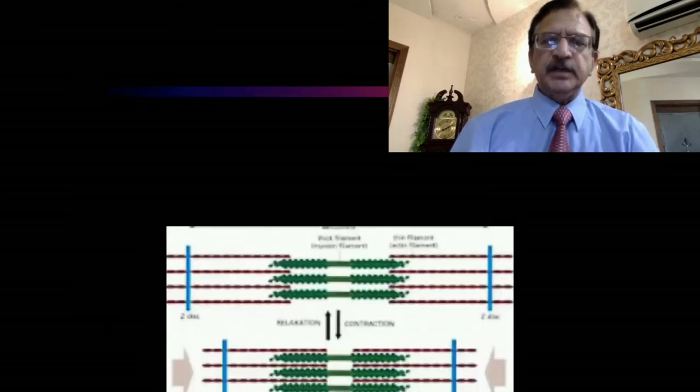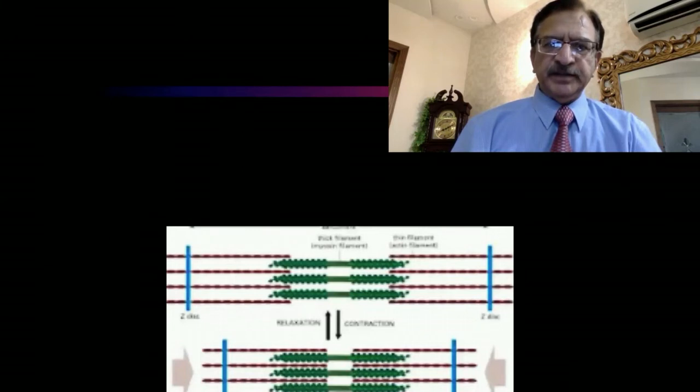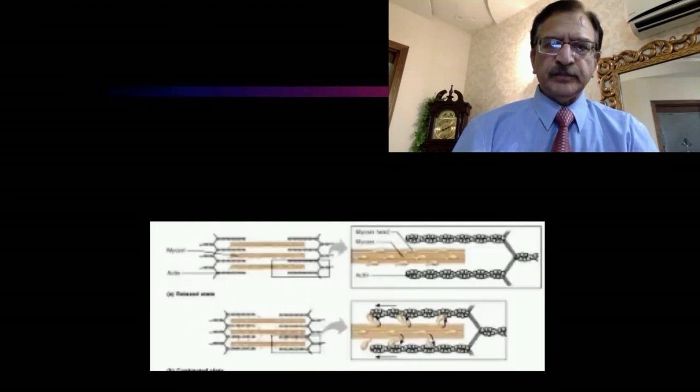So this is a diagrammatic representation of the contraction and relaxation of the actin and myosin filament bundles of the muscle fiber. This is a closer view of the actin and myosin bundles.